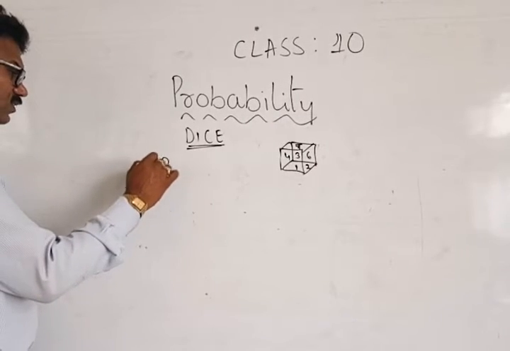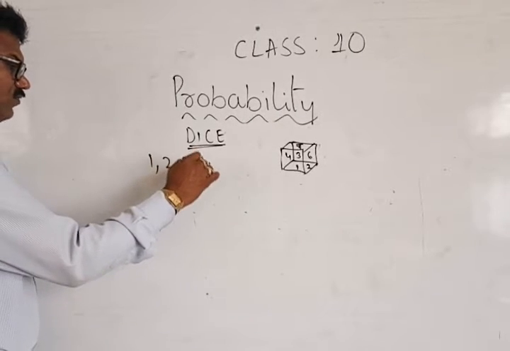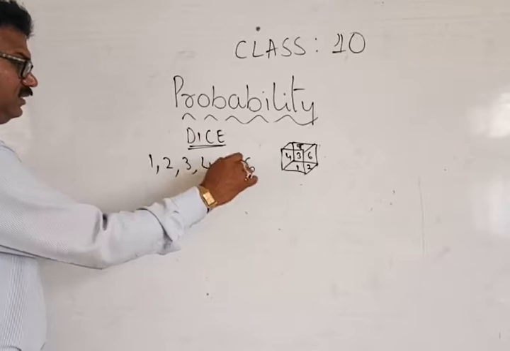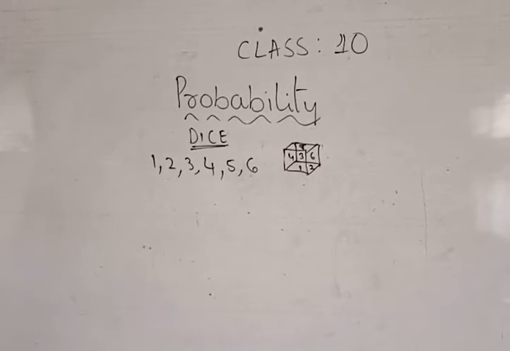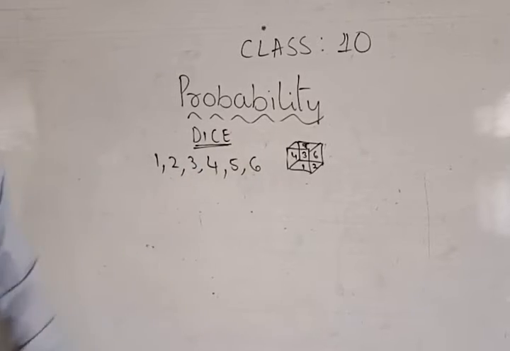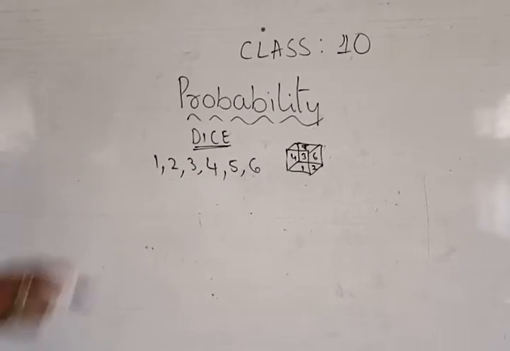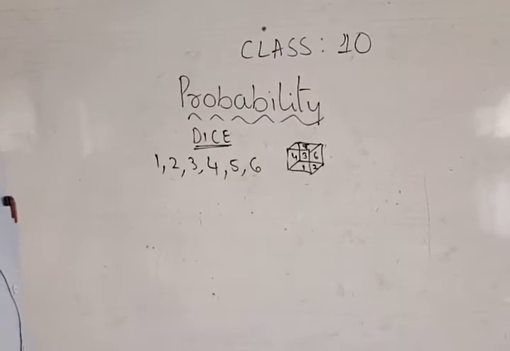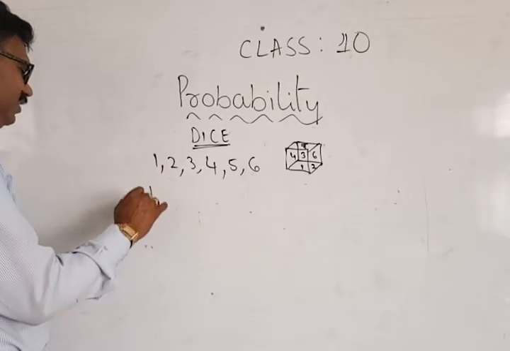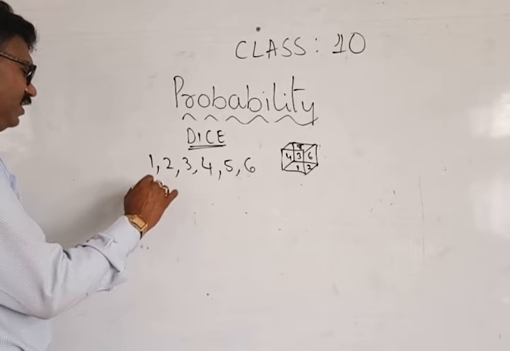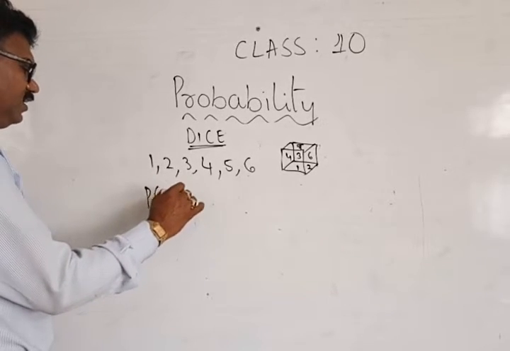Like this: 1, 2, 3, 4, 5, 6. If you throw one dice, then how many outcomes? 6 outcomes. Now you can write the probability of a prime number.